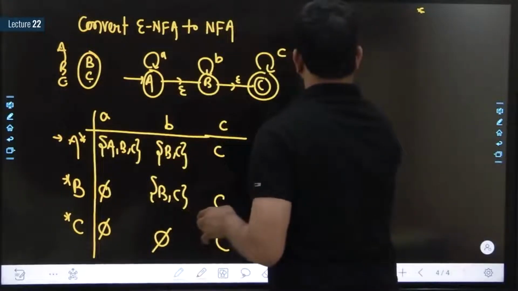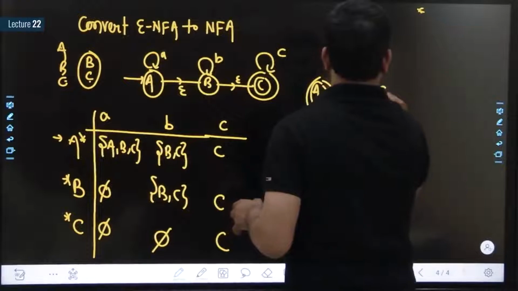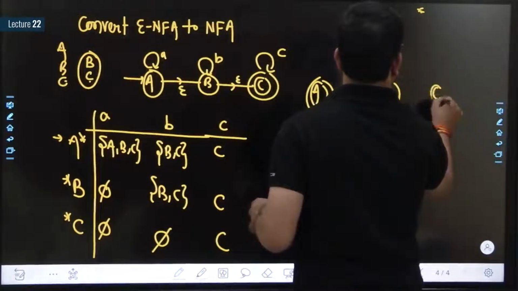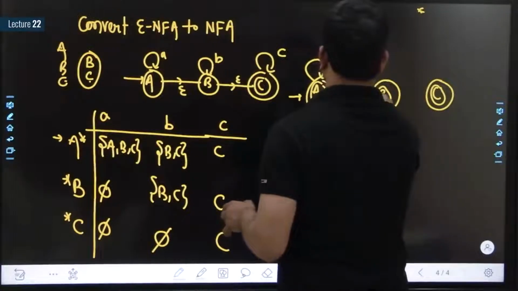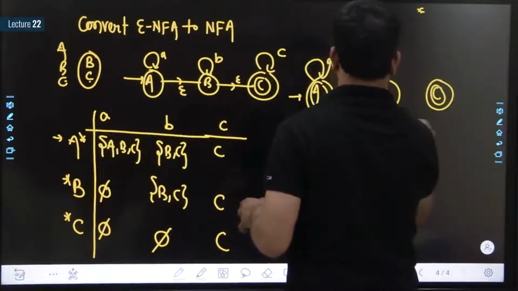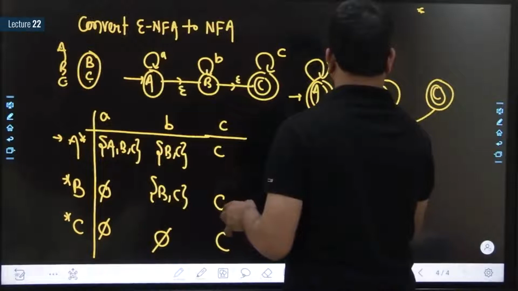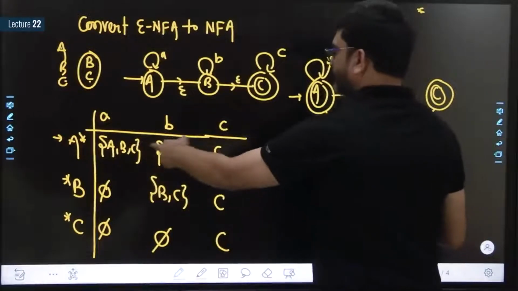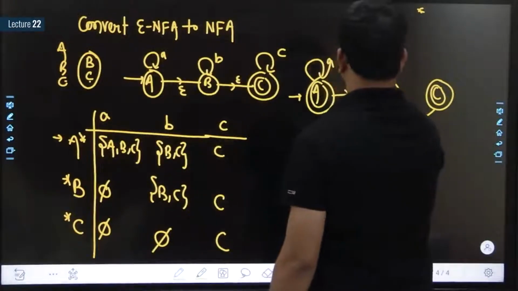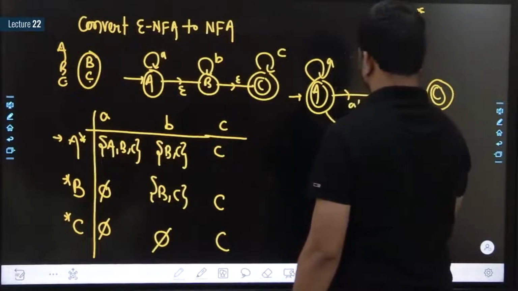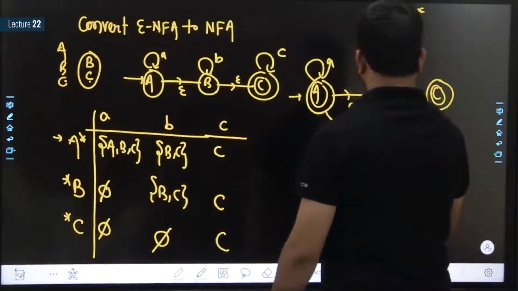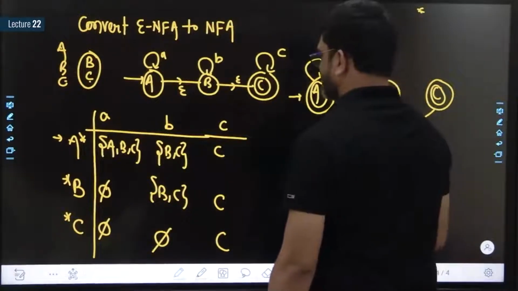A, B, C. A on A, A. A on B, B, C. A on C, only C.